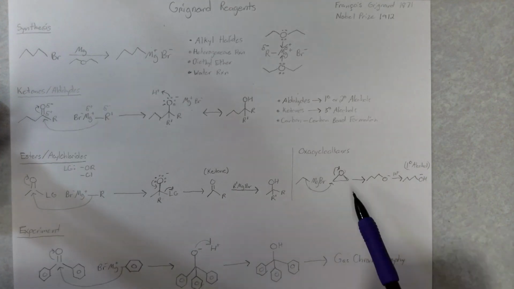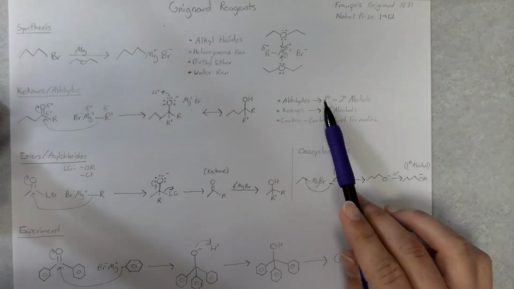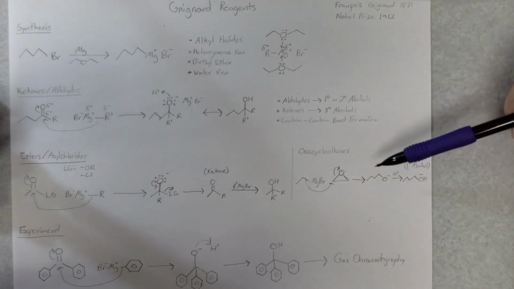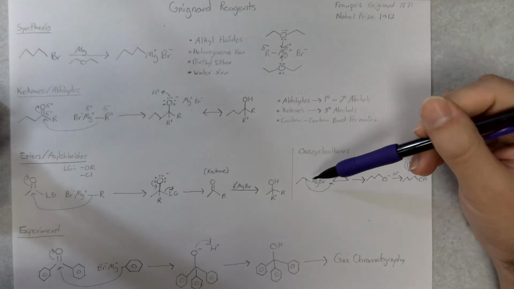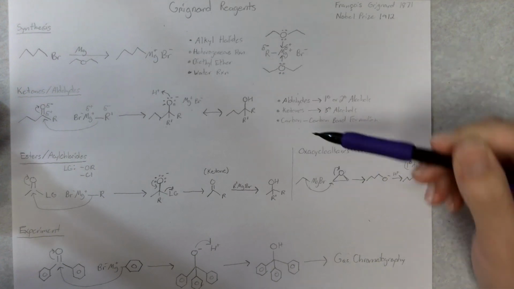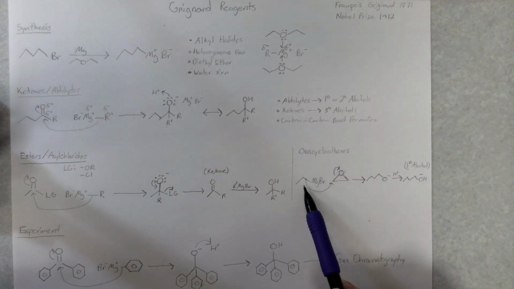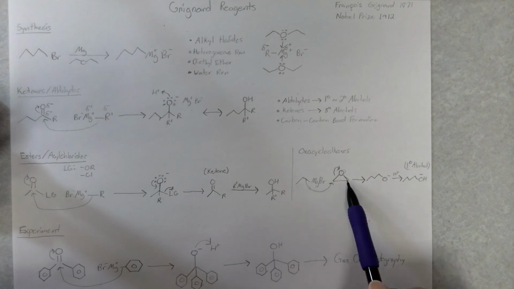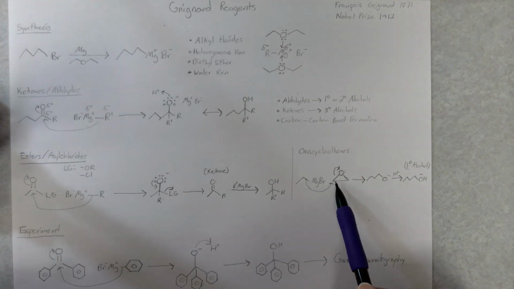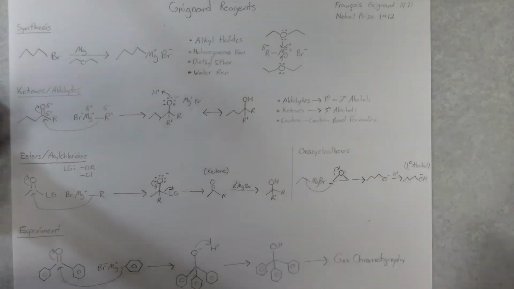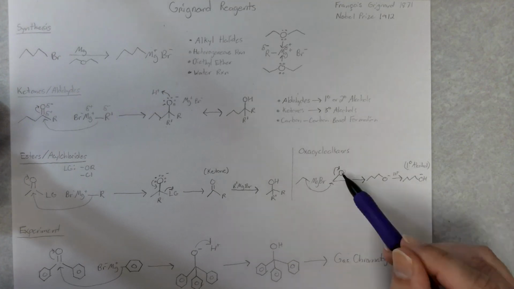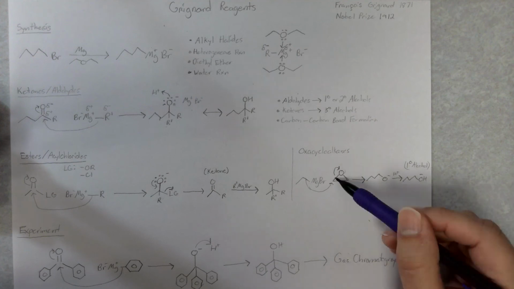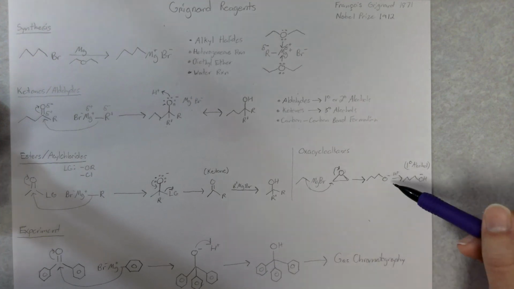So here's just a side note about the primary alcohols that I was talking about earlier. A more useful way is to use oxocycloalkanes. With this representation, the carbon nucleophile of the Grignard reagent will attack one of these carbons bound to the oxygen, which has a partial positive charge, breaking the ring, putting these electrons onto the oxygen and forming an oxide.